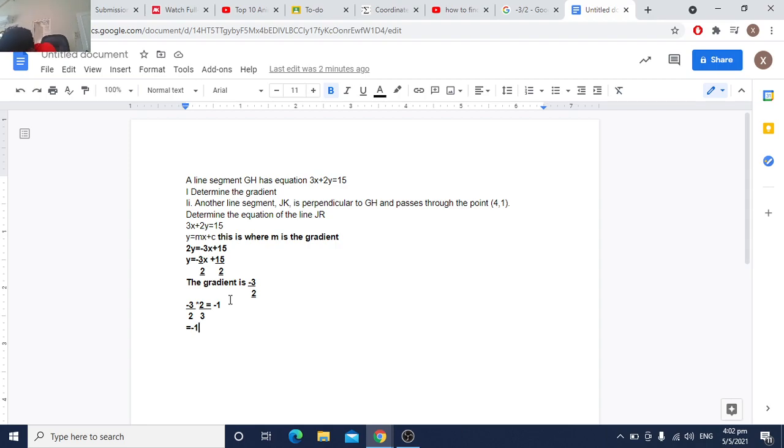All right. So then we have negative 3 over 2, times 2 over negative 3. Whatever, so 1 cancels 1, and now we're here with negative 1 being the gradient of the JK perpendicular line.